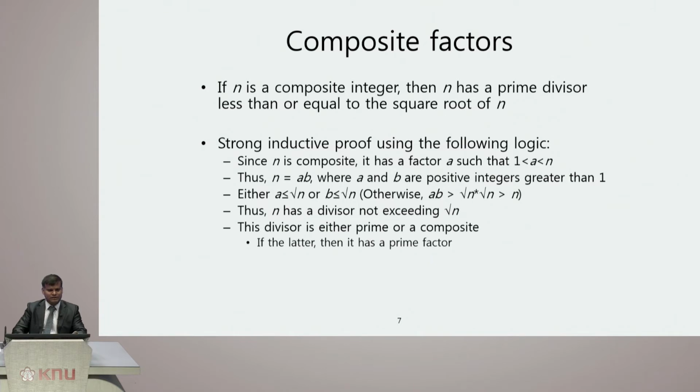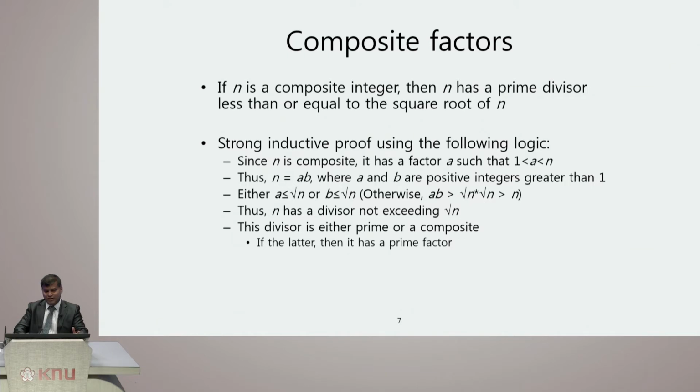So we are talking about the divisors of n. This divisor is either prime or composite. If it is composite, then it has a prime factor. The factors are the prime numbers. So when I say factors, I mean the divisor or the prime divisor, prime numbers.